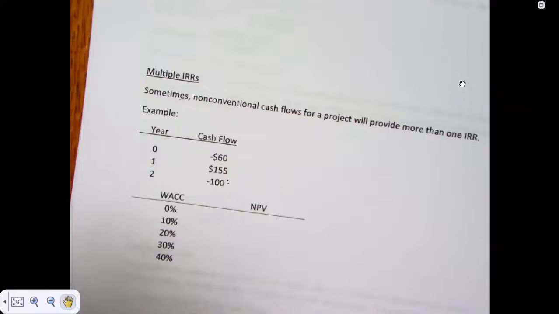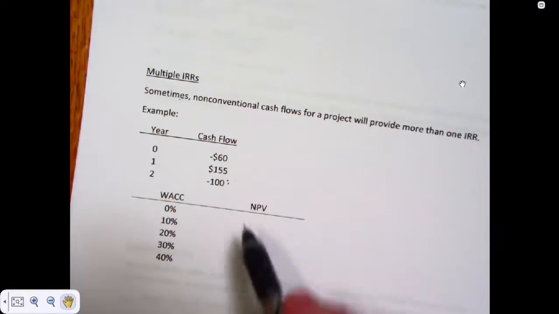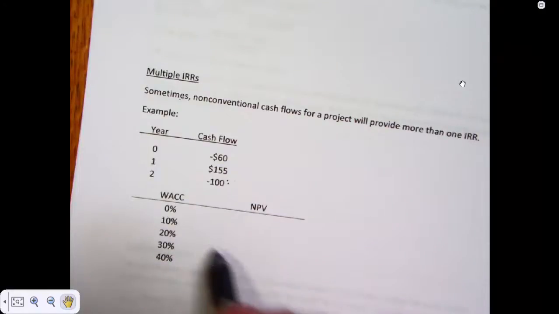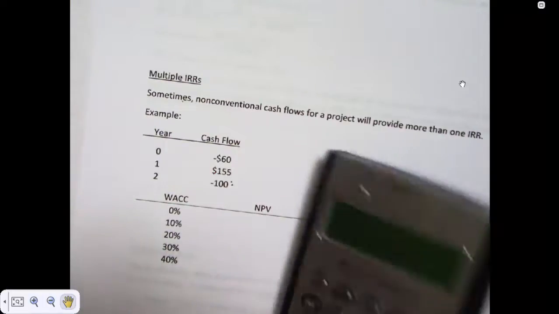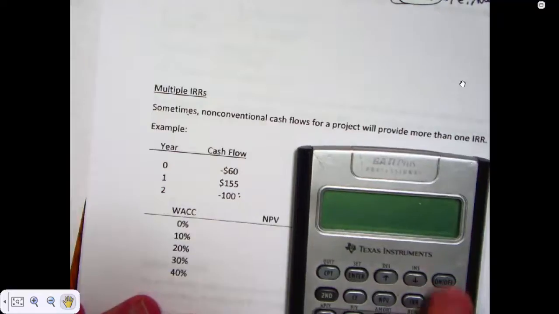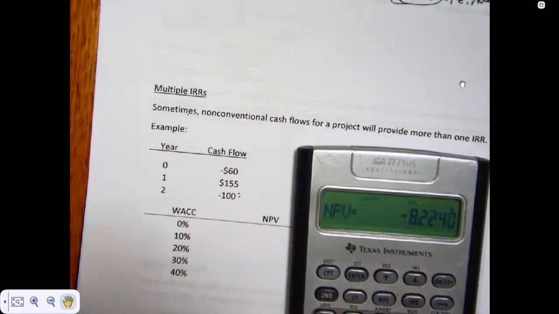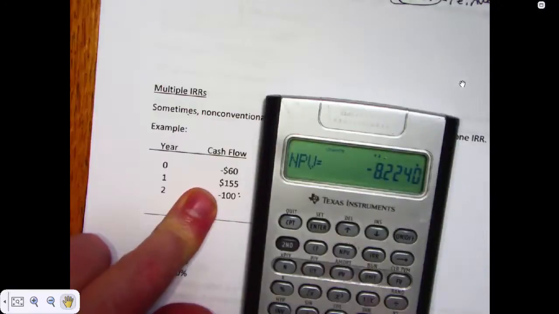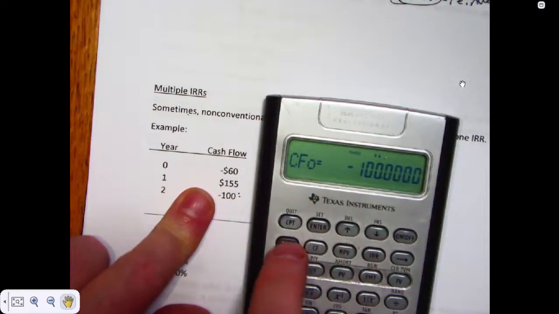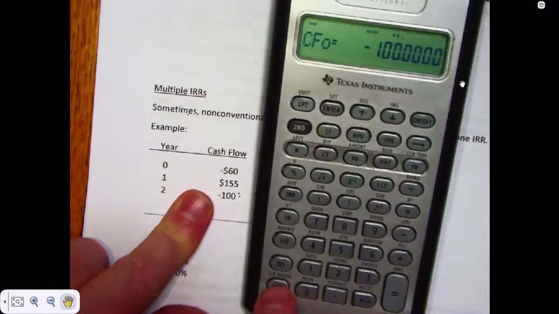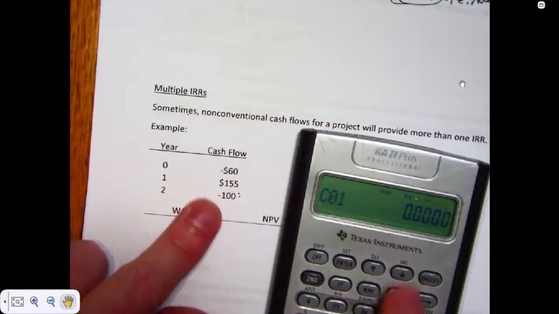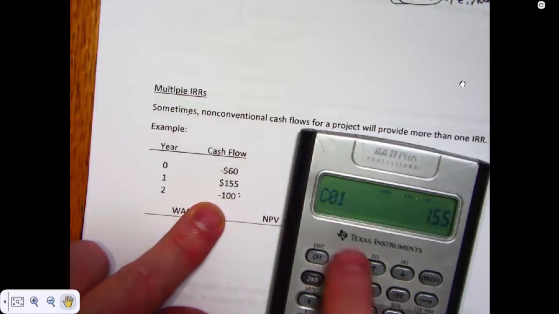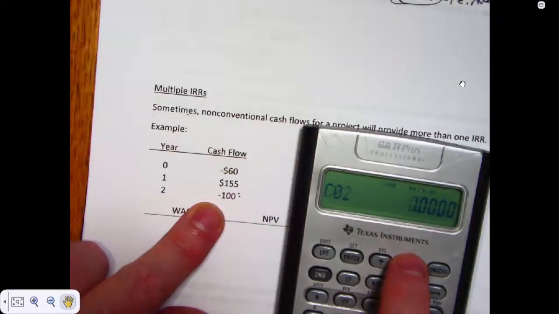So here what I'm going to do is calculate, again, the NPVs for different weighted average cost of capital. It's going to give you a weird answer where we should have multiple IRRs. So here I'm going to go into my cash flows. I'm going to clear everything out by pressing second and clear work. So I have -60 for my time 0, 155, enter for my cash flow at time 1, and then the cash flow at time 2 is negative 100.